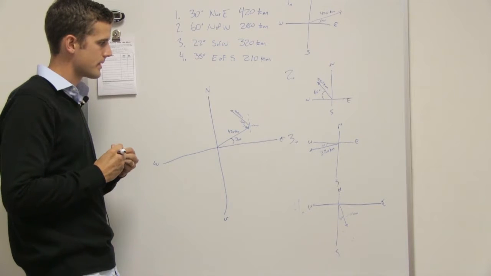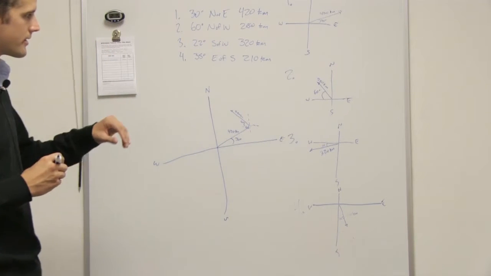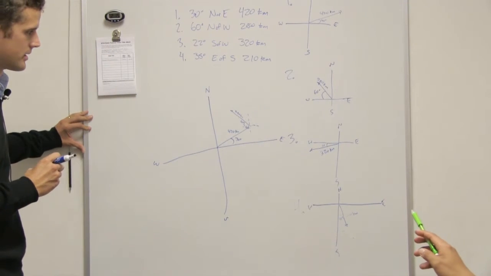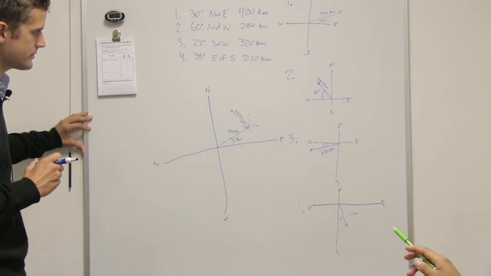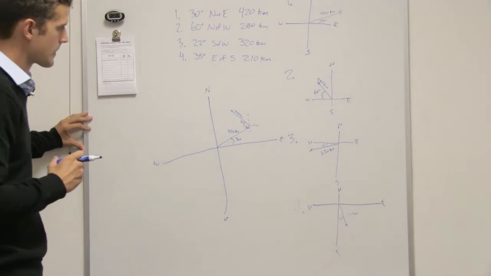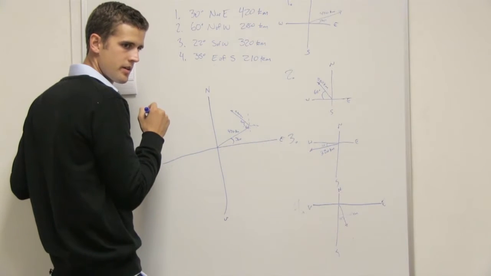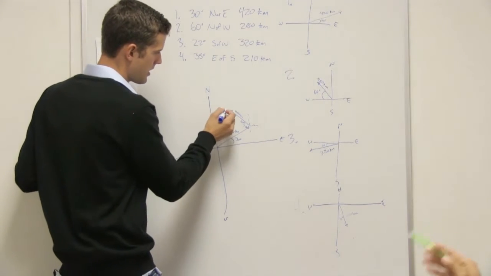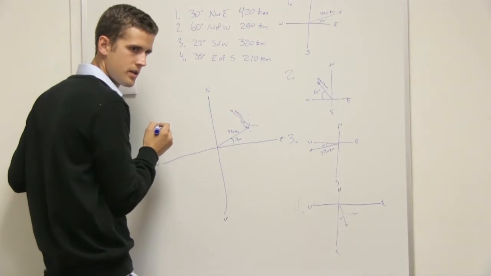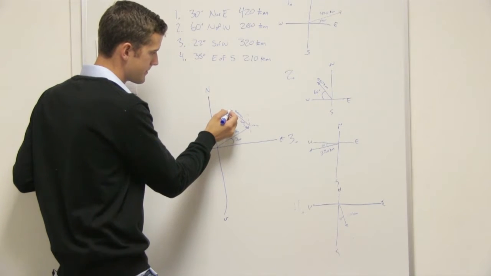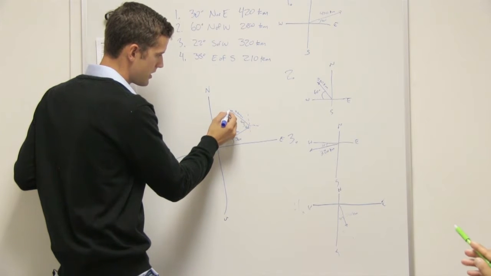All right. So what about the third vector? It's going to go west towards the south. So where do we want to put the tail of that one? Attaching from that point and dragging it west southward.